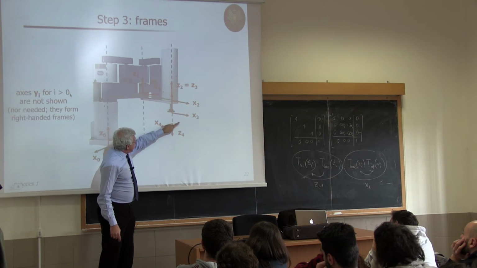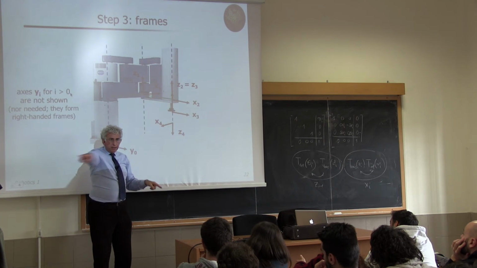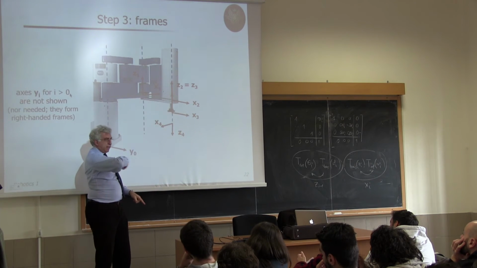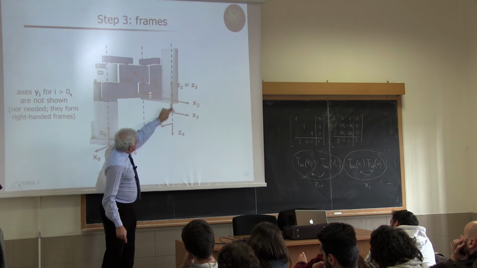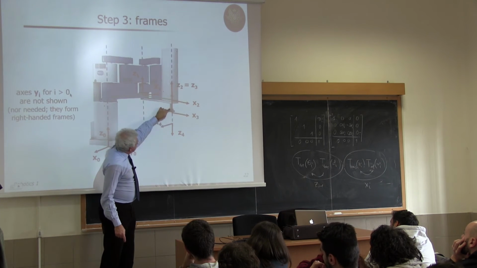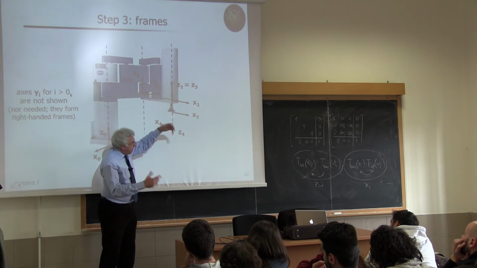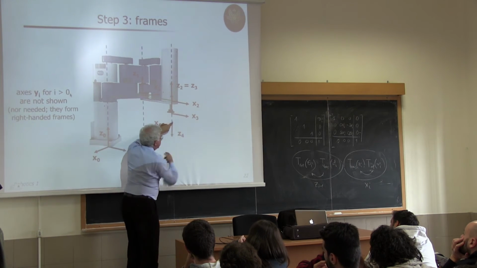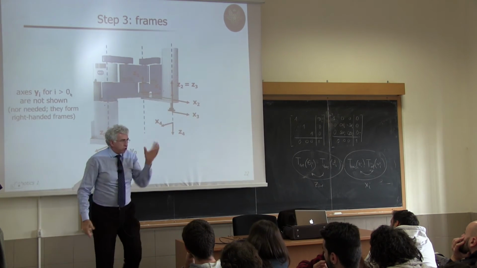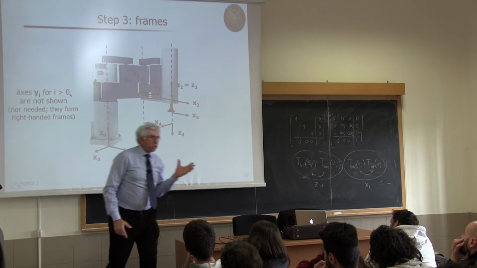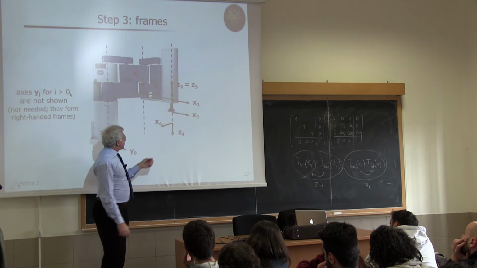So x4 needs to be chosen in this way, one of these axes. But I can put it where I wish, and now I'm putting it here just to show that there is some displacement. And imagine that here there is this tool ending here. So this is why I've chosen the origin of the frame there, just to put it more in evidence.